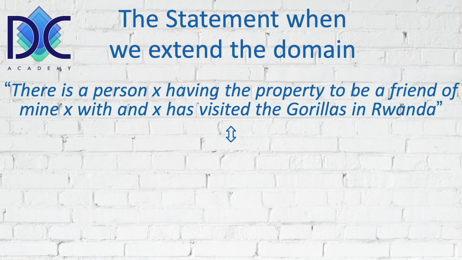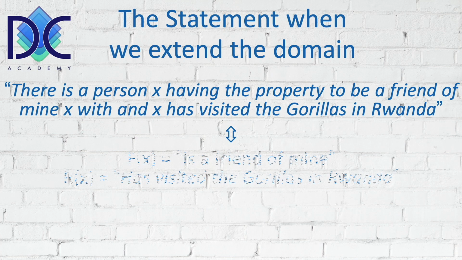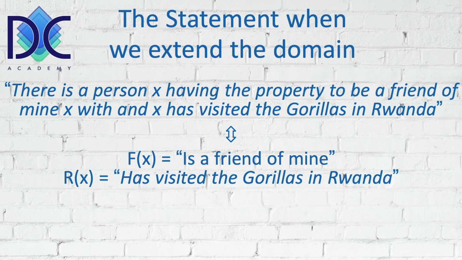Again, the domain is now wider, and we have F of X: X is a friend of mine, that's the first predicate. R of X: has visited the gorillas in Rwanda. And we can now say that there is a person X for which we have the statement that F of X and R of X is true. When it's a friend of mine and he or she visited the gorillas in Rwanda, then this is true.